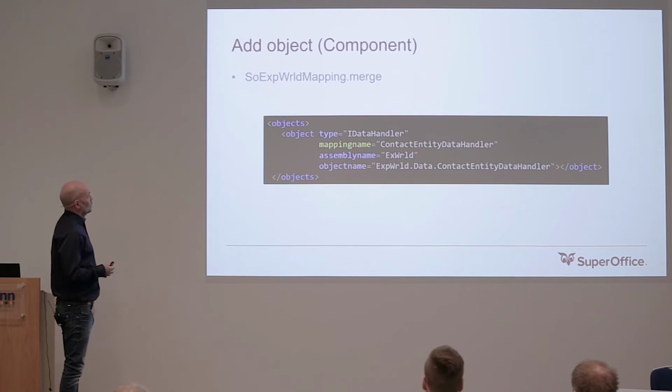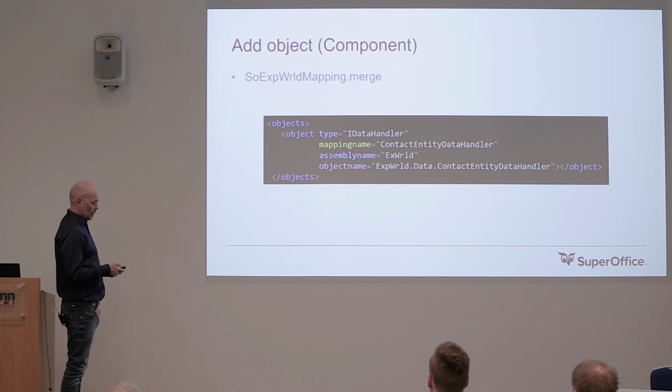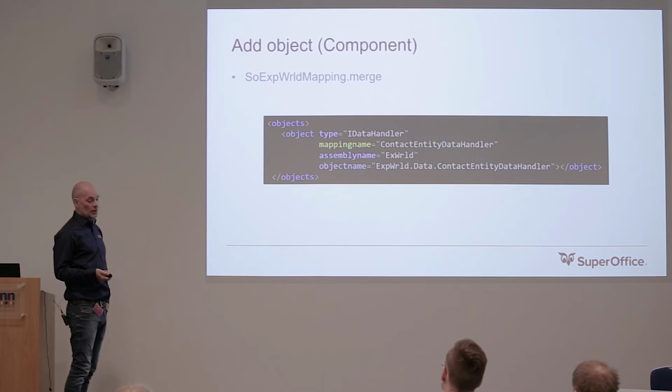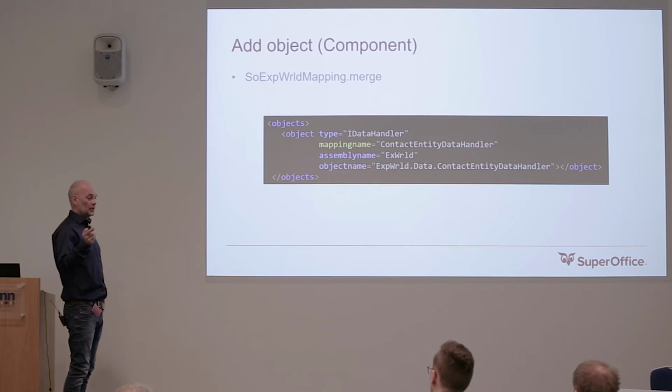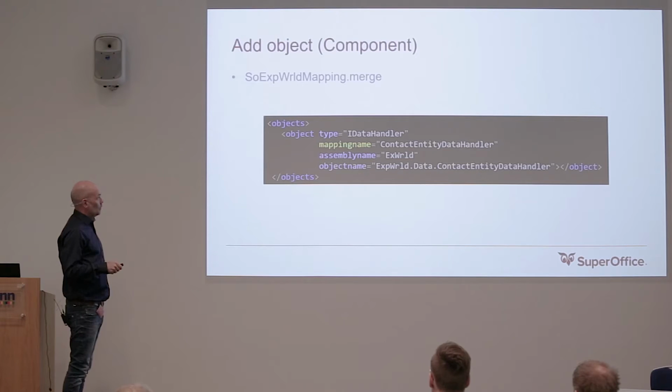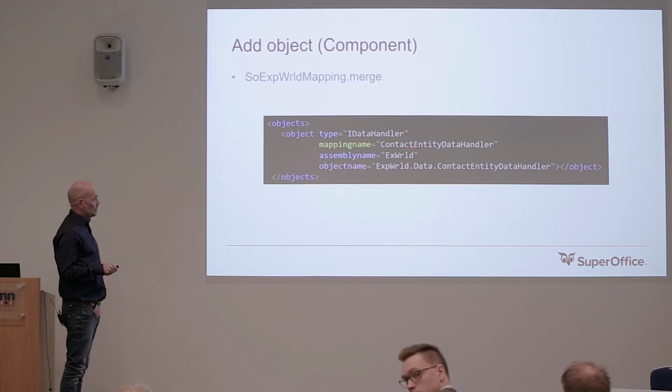Same with object mapping. I have this. This is actually a way to replace the existing contact entity data handler. So you have found out that you want to do some extra stuff when you load or save the contact card. So what you do is say the mapping name is contact entity data handler.